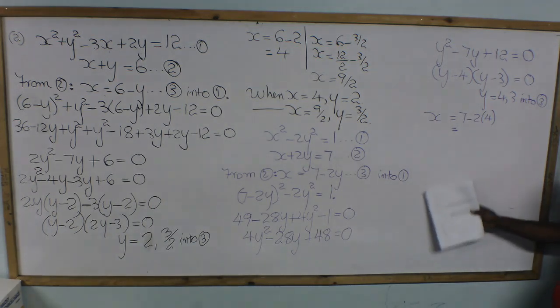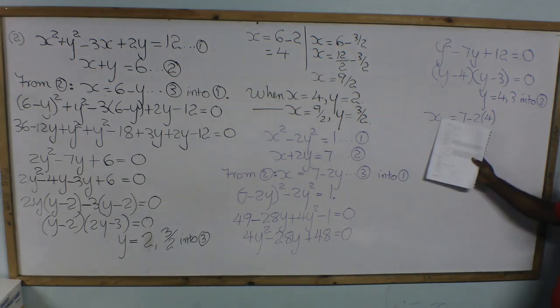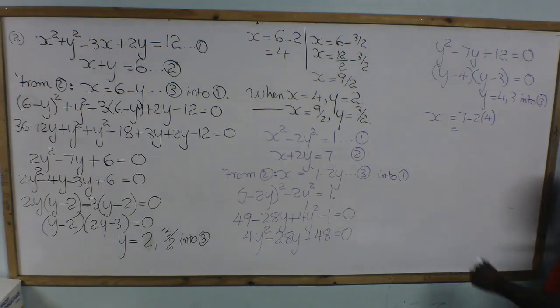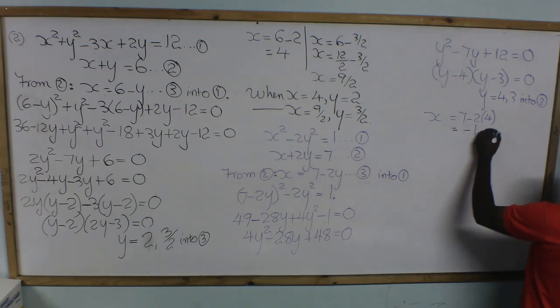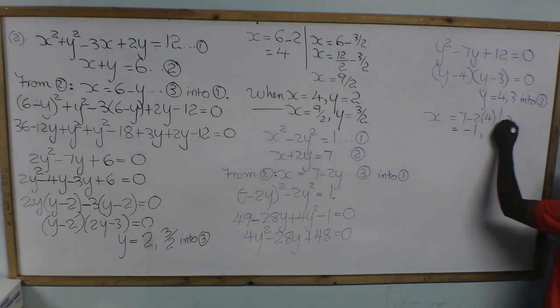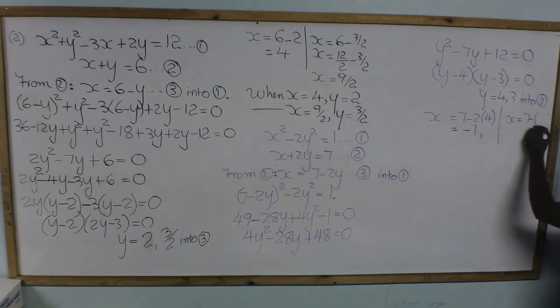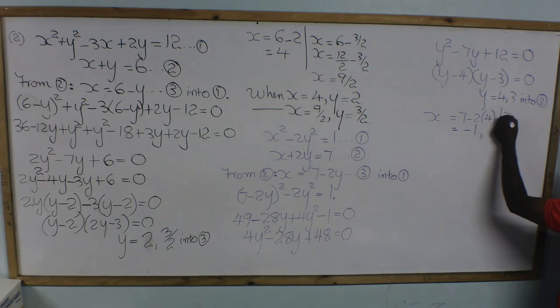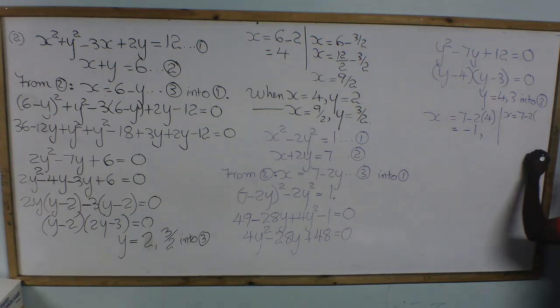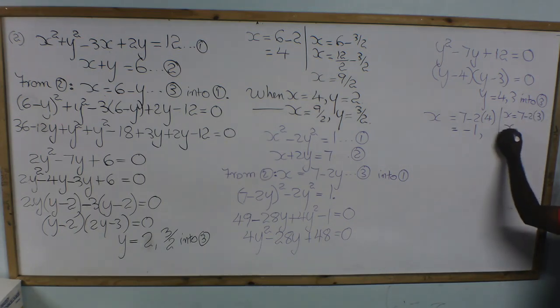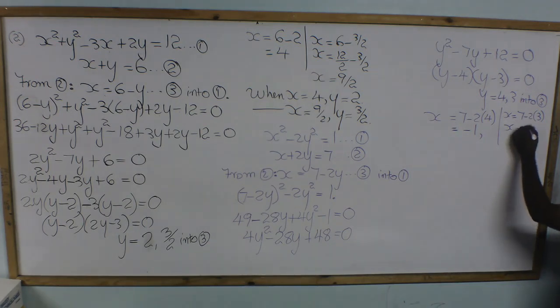We will have to revisit this. x is equal to what? 7 minus 2y. 7 minus 8. y is, sorry, and then x is equal to 7 minus 2 times what? So x is equal to? Did you hear that? 1.